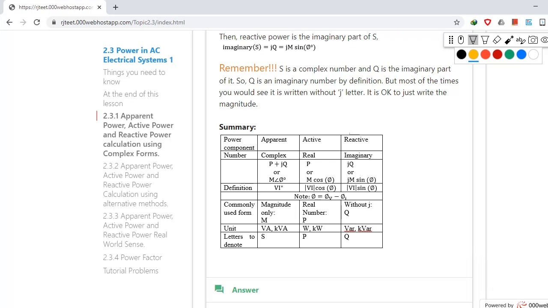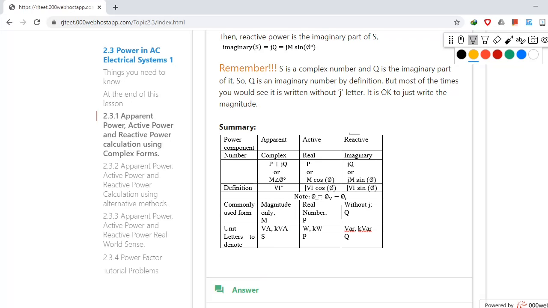And the next thing is the unit of apparent power is going to be volt ampere, and you may have any prefix like kilovolt ampere. Whenever in equations you symbolize apparent power, you use the letter S. As a thumb rule, you use letter S to denote apparent power. You can go with any symbol you would like, but as a thumb rule, people use S.